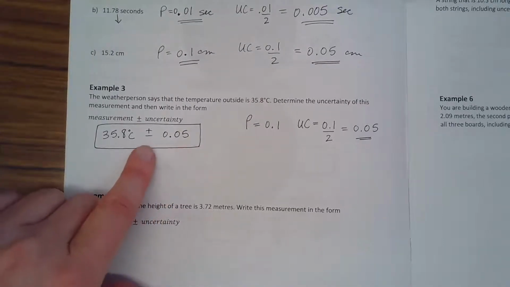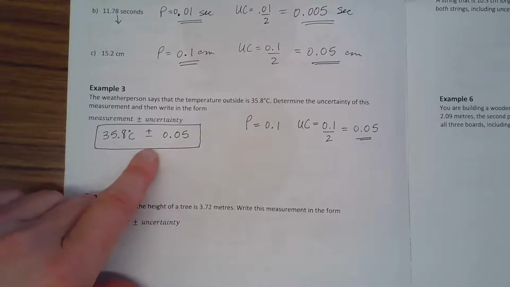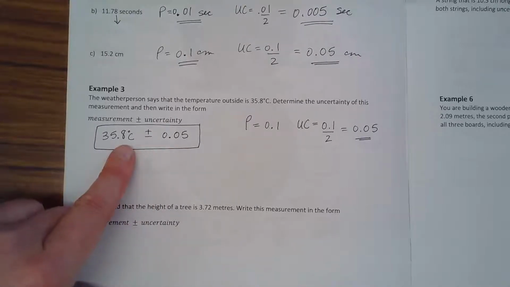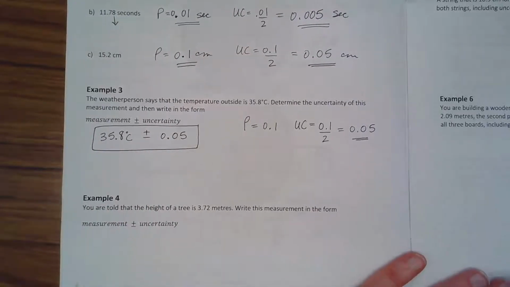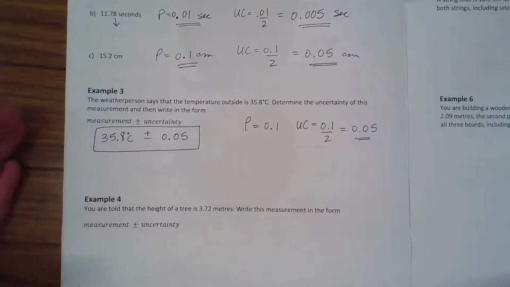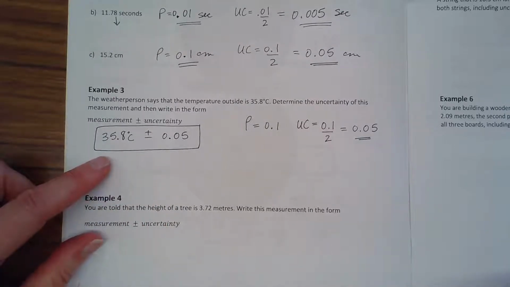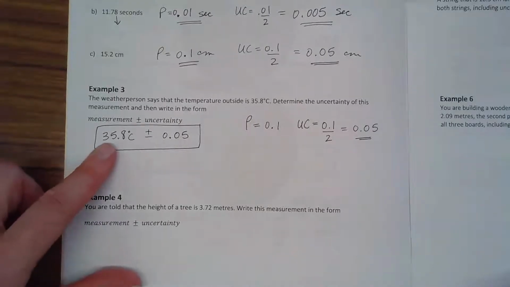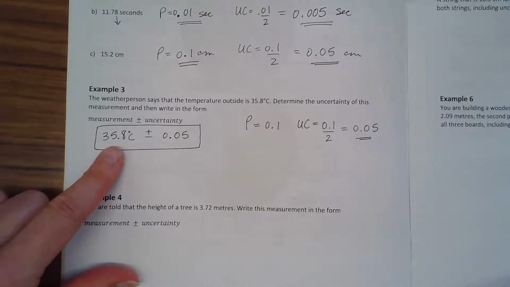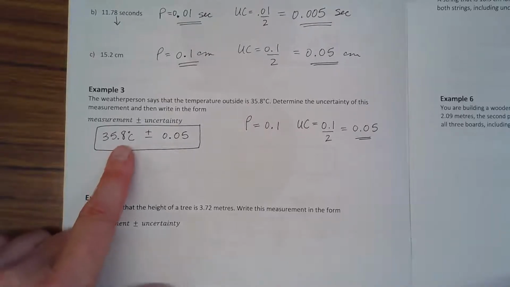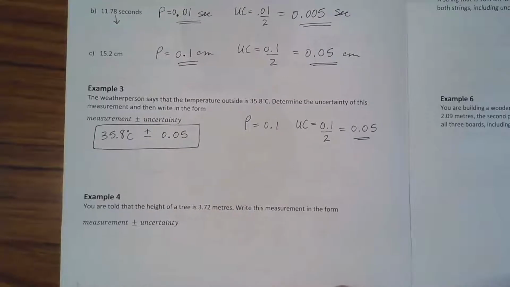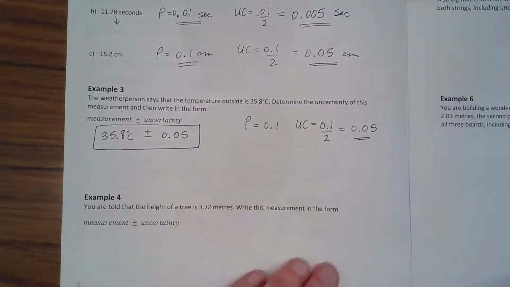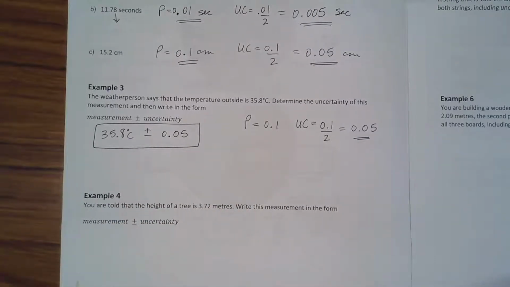So it's kind of like a give or take 0.05. That means if I add that 0.05 onto this 35.8, the temperature is going to be in a range, right? I know the temperature should be somewhat within the stated range. So I'm going to say, well, the temperature outside is probably 35.75 to 35.85. That's what uncertainty means. It's just relaying a little bit of uncertainty.